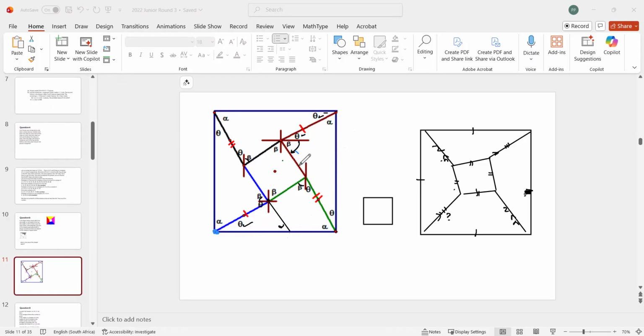But this line here is parallel to, okay, I'm at a loss here. Sorry about this. I knew that that angle has to be theta, but I've forgotten the proof. I must apologize for this. Okay, try to see whether you can figure it out.